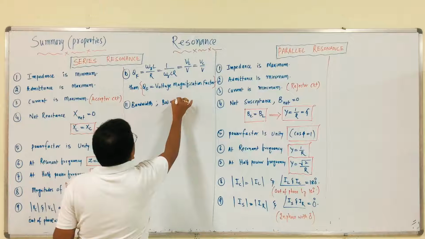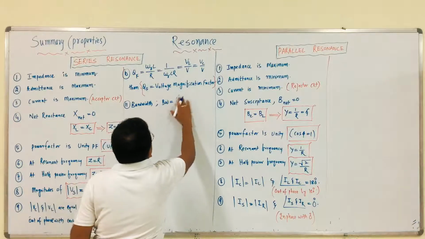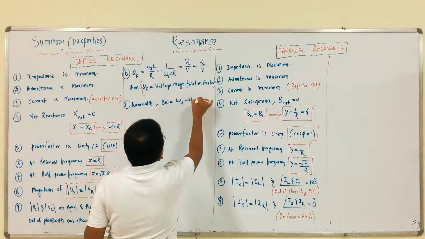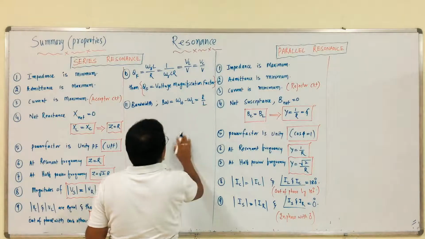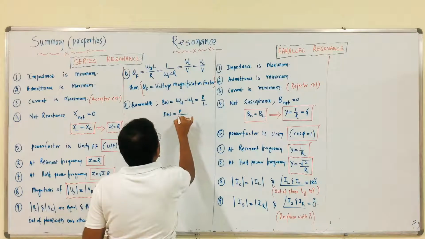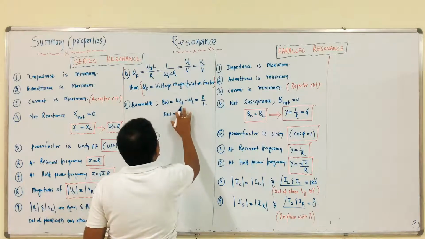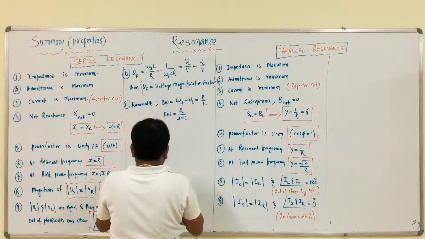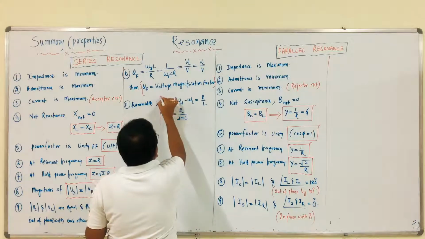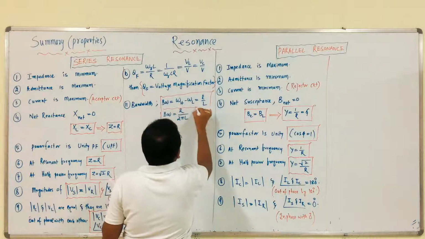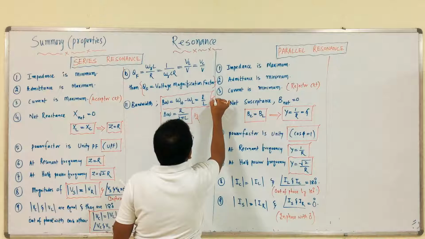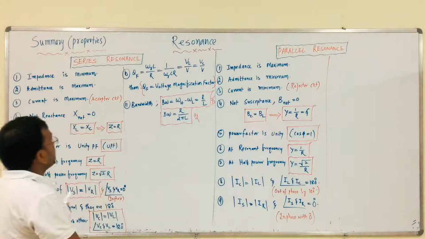Bandwidth is equal to R by L, that is, you can write higher cutoff frequency minus lower cutoff frequency equals R by L, or you can say bandwidth is equal to R by 2 pi L. This is hertz, this is radians per second.